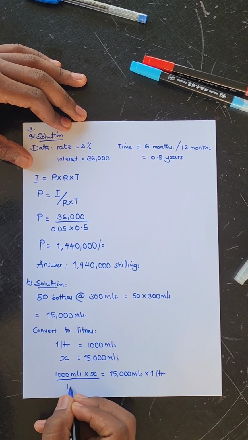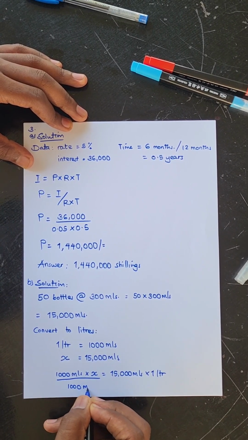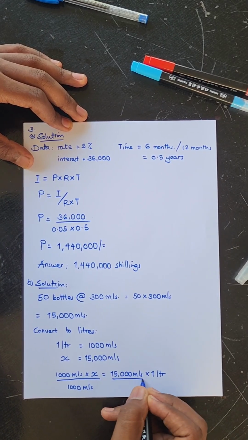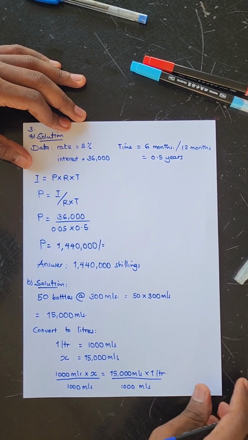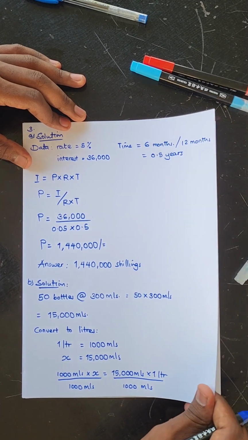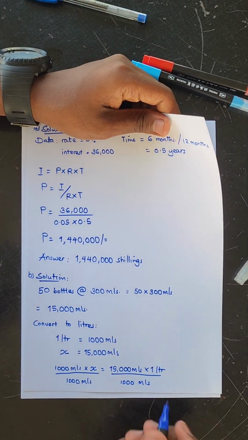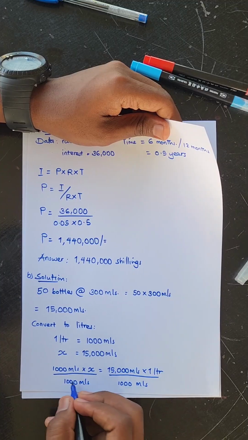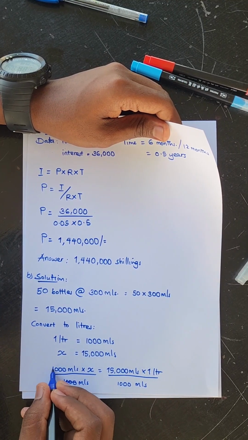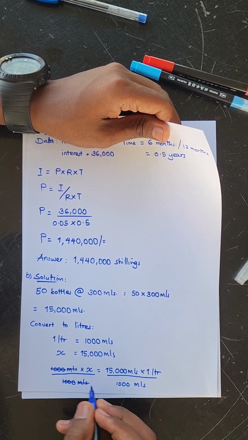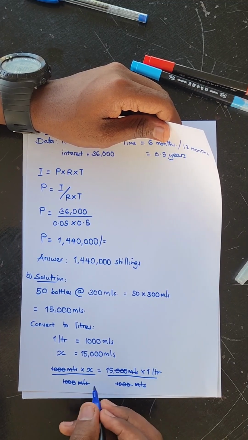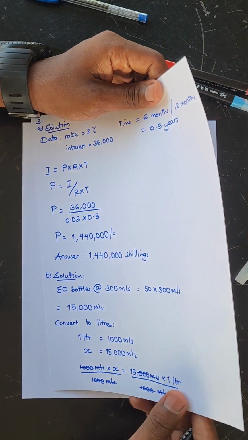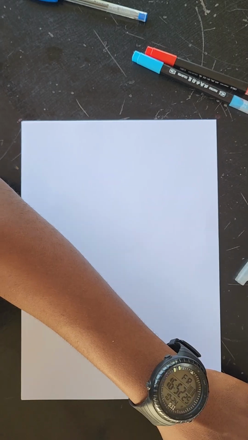So divide by 1,000 mils on each side. So we're left with X equals 15 liters.